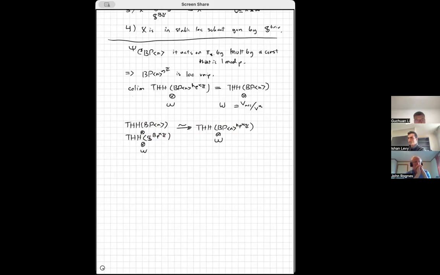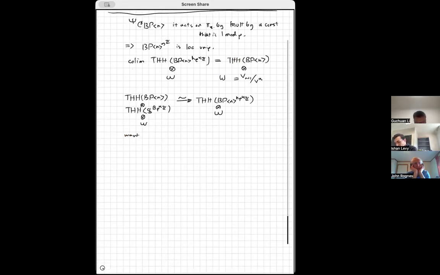And so what you kind of want is a splitting of this colimit. So if, for example, you knew that this was a compact object, then the fact that this filtered colimit is this compact object would tell you that there's a splitting at some finite stage. So this colimit splits at some finite stage.